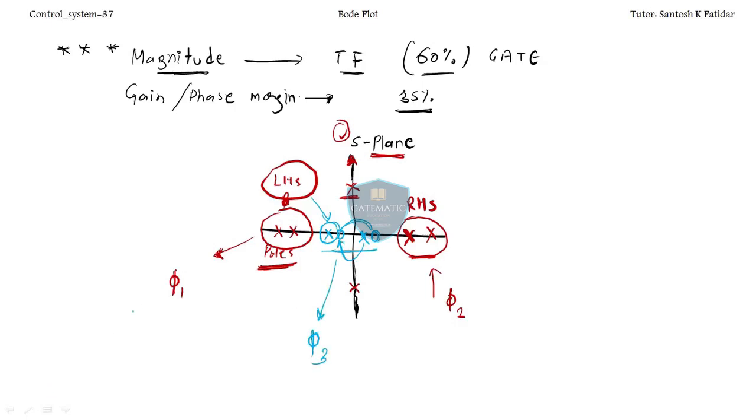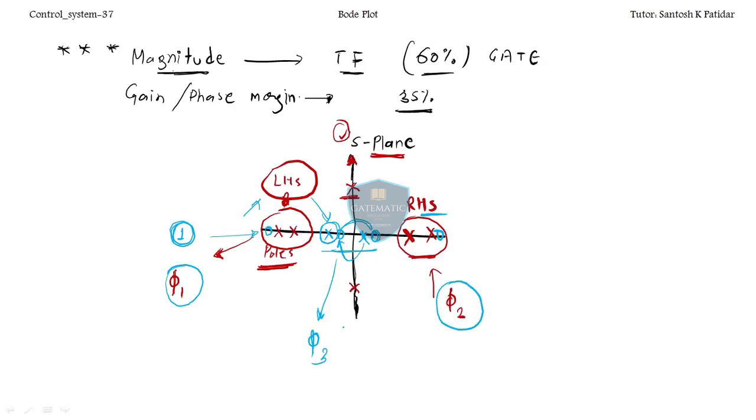So three systems I introduce over here. The first one is in which all poles and zeros are in the LHS, and I calculated the angle phi 1. The second case, your system's poles and zeros are in the RHS, and I calculated the phase provided by that system, and I have given the name phi 2.